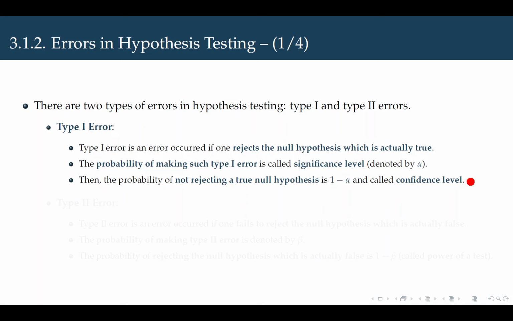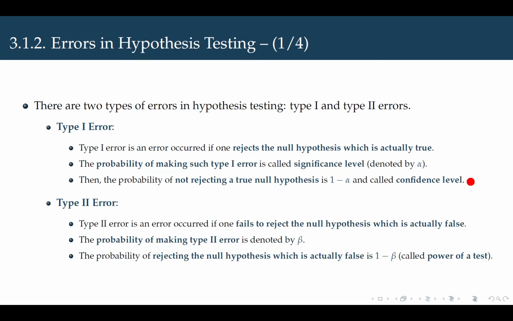So alpha is the probability of making type 1 error, probability of rejecting a true null hypothesis, and the confidence level is the probability of not rejecting a true null hypothesis, which is actually 1 minus alpha. And the second error is type 2 error. This error is an error that is going to be occurred if one fails to reject the null hypothesis, which is actually false.